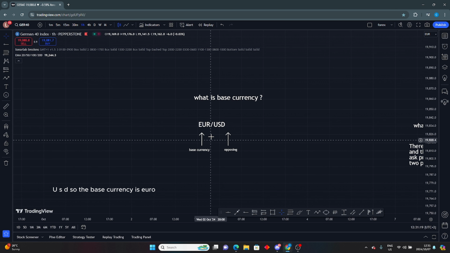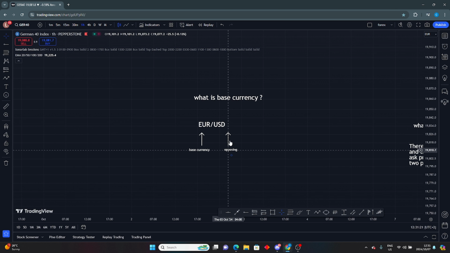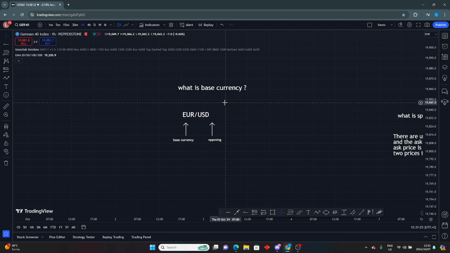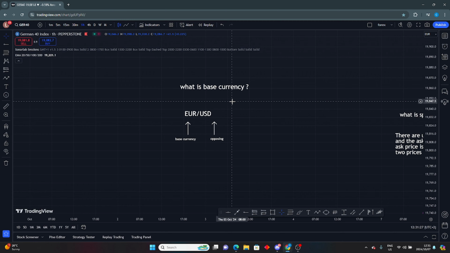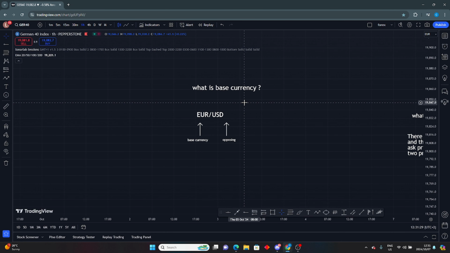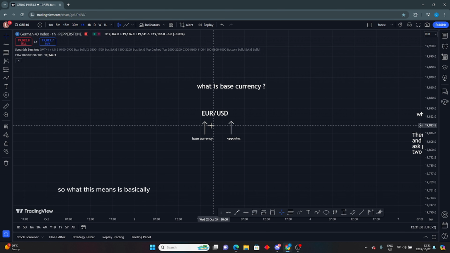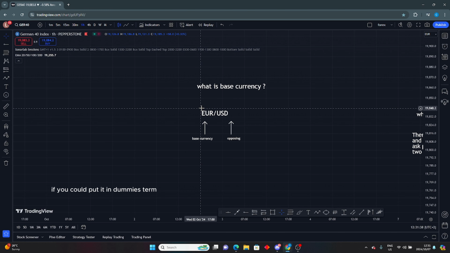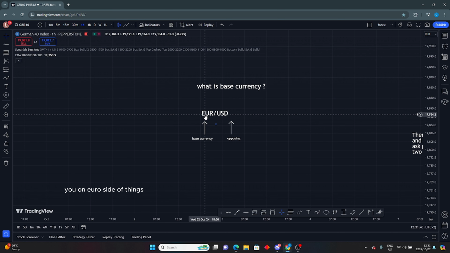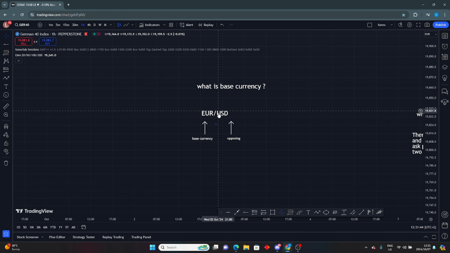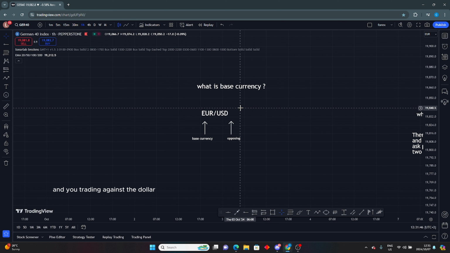So the base currency is Euro and the opposing currency is USD, right? So if you could put it in dummies' terms, you are on Euro's side of things. You are trading with the Euro and you're trading against the dollar.